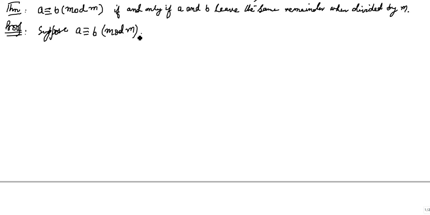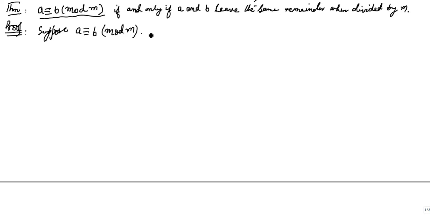Okay. So, we suppose that this congruence is true, and we have to show that when A and B are divided by M, there will be the same remainder. Okay.